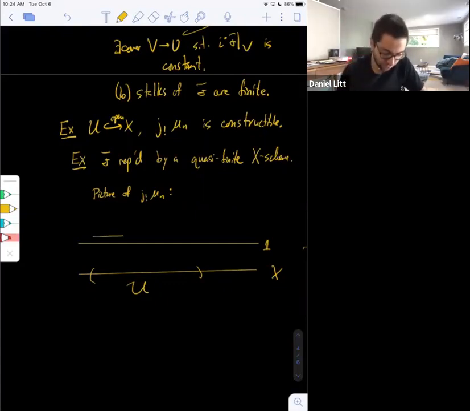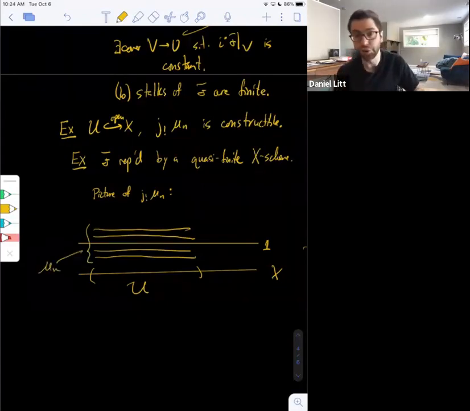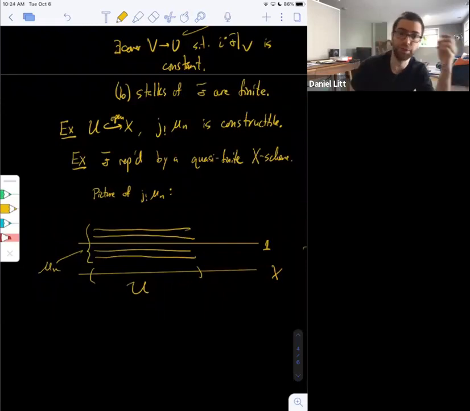And then over U, you just get a copy of μ_n. You should check as an exercise that this actually represents j lower shriek of μ_n. Is it clear what I mean by this picture? Does anyone have any questions about it? If you want, I'm happy to rigorously write down the scheme I mean.